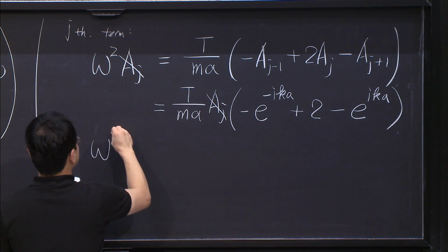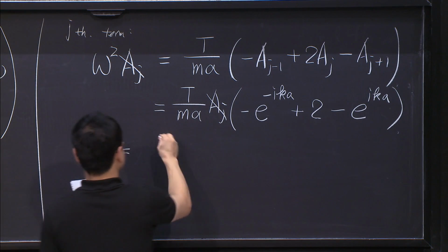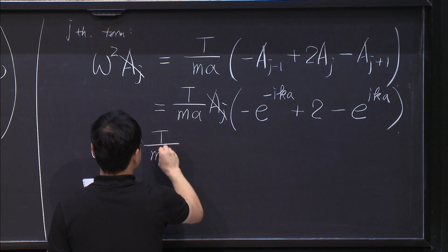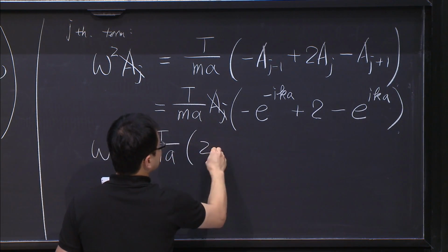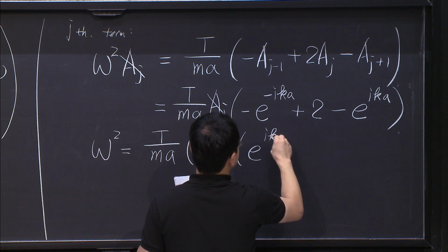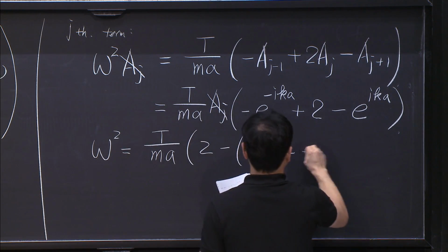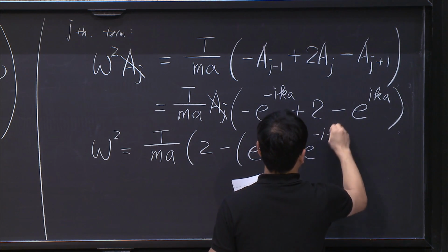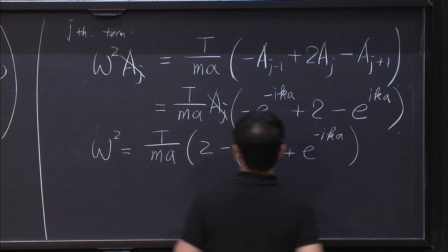Basically, what I get is omega squared will be equal to T over MA times (2 minus exponential IKA plus exponential minus IKA).